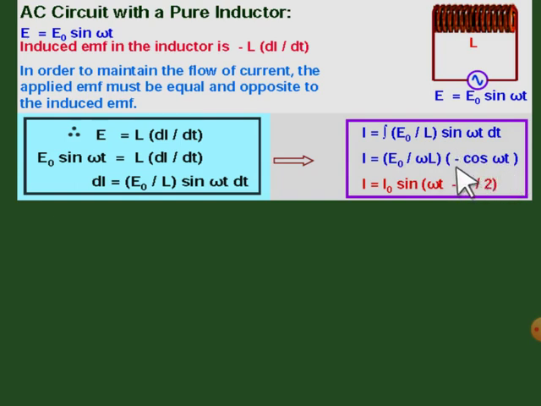Now this minus cosine of omega t can be rewritten as sine of omega t minus pi by 2. By using which formula?